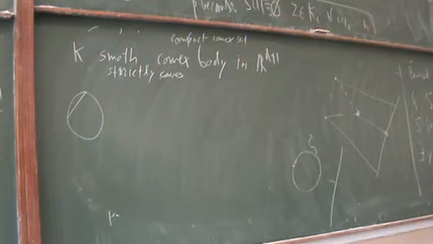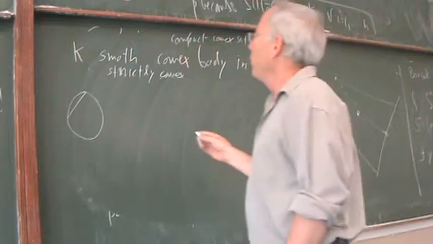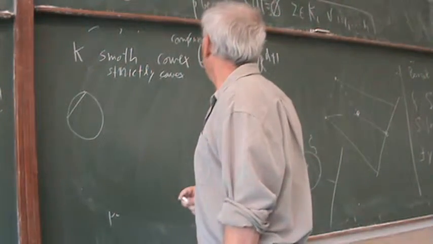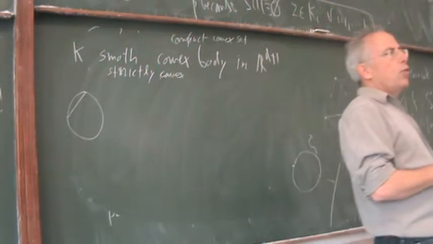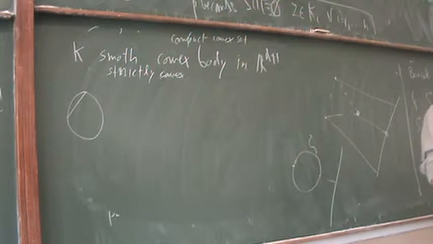Now I claim the following. Smooth means that you have a well-defined, unique tangent plane at each point, and I think this is all you need actually.